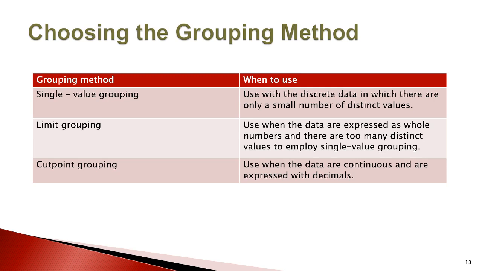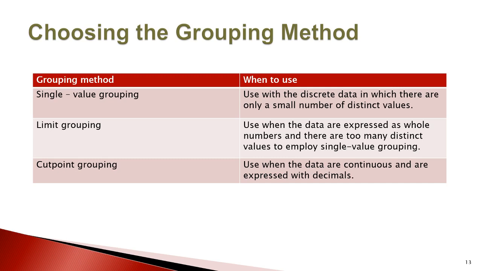And then cut point grouping. We use cut point grouping when the data are continuous and expressed with decimals. For the first two methods, single value grouping and limit grouping, we use them with discrete data, with whole numbers.